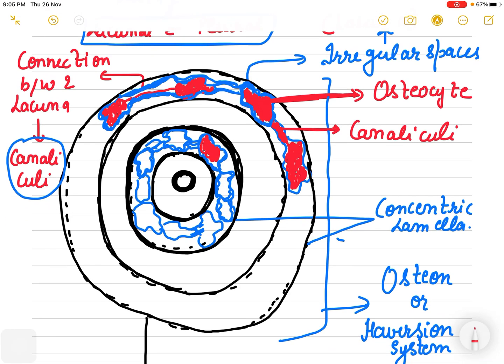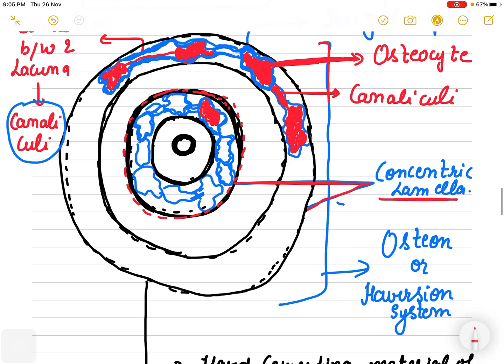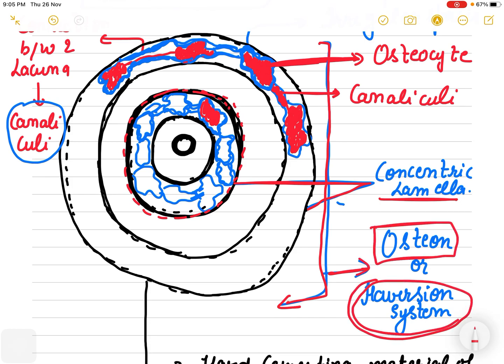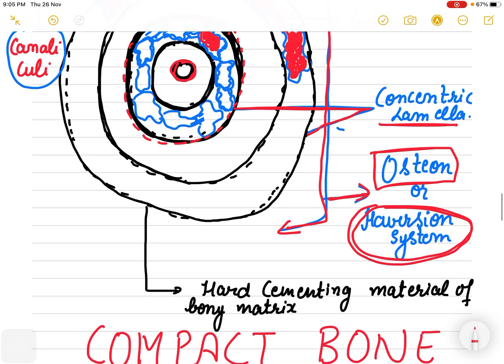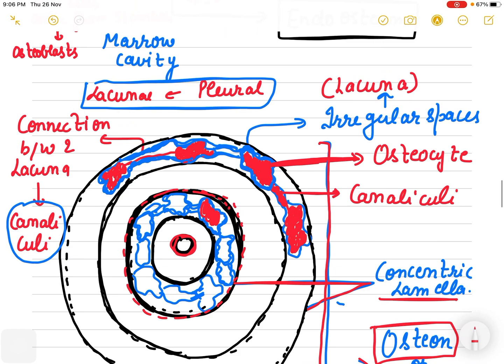These concentric rings which we have drawn are known as concentric lamella, and the complete structure is known as the osteon or Haversian system, because everything is arranged around the Haversian canal. And these concentric lamella are a very hard cementing material of the bony matrix.